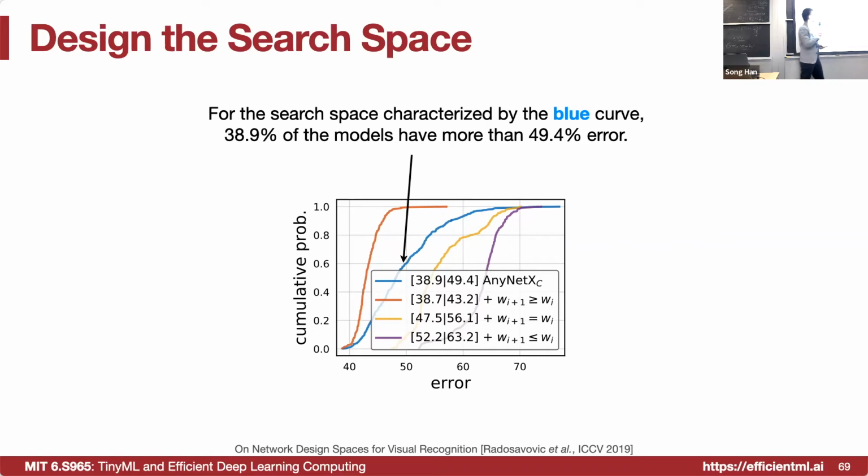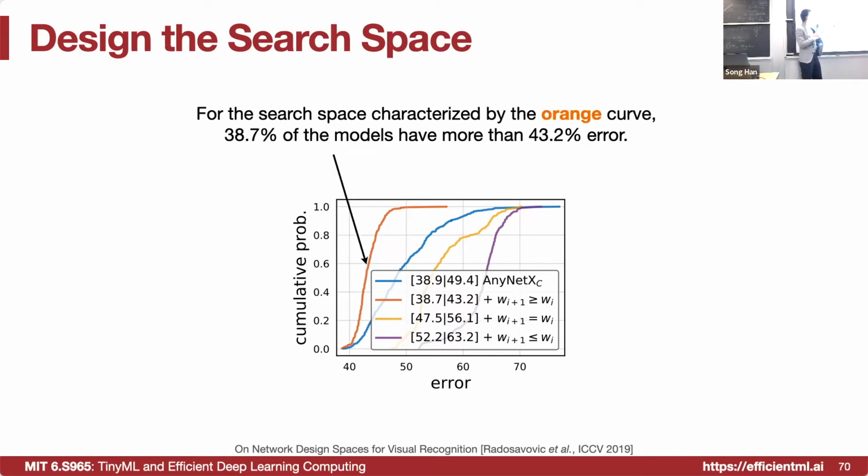This blue line means that in this search space, 38.9% of the models have more than 49.4 error rate. So roughly 40% of the models have more than about 49% error.